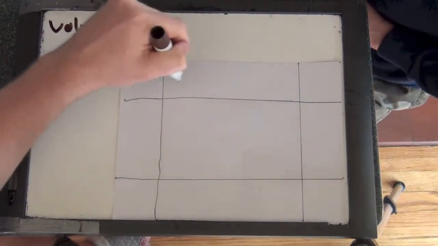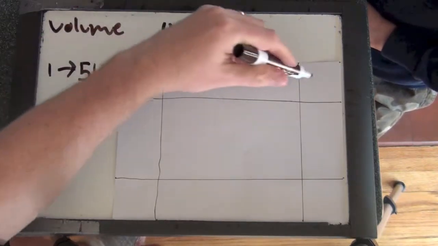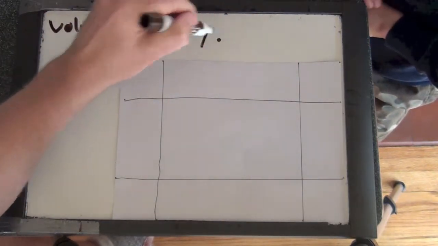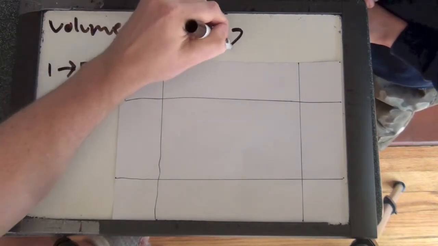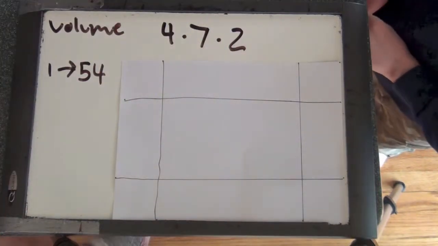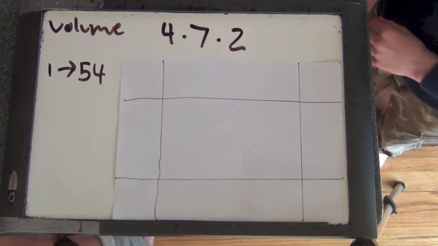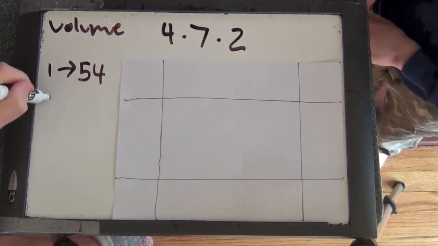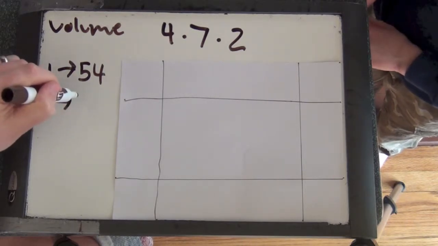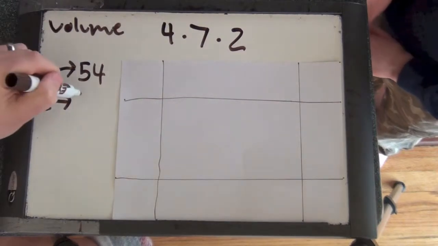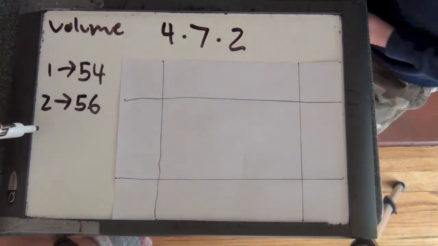The width would be 11 minus 4, which is 7. And the height is 2. So what's the volume? It's 8 times 7, or 28 times 2, or lots of different ways to do it. 56. So it's a little bit larger.